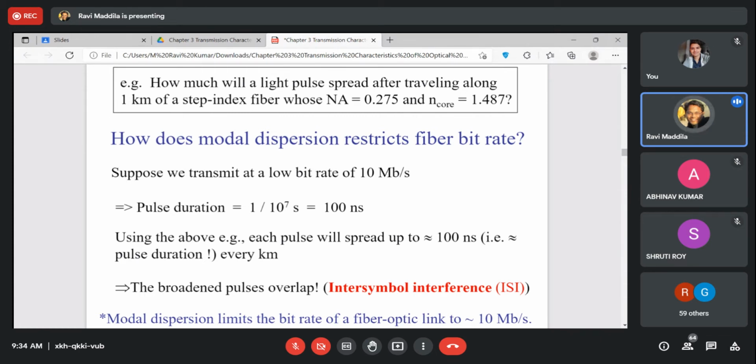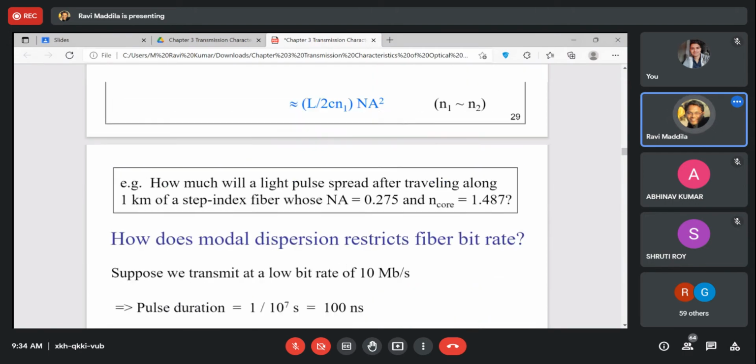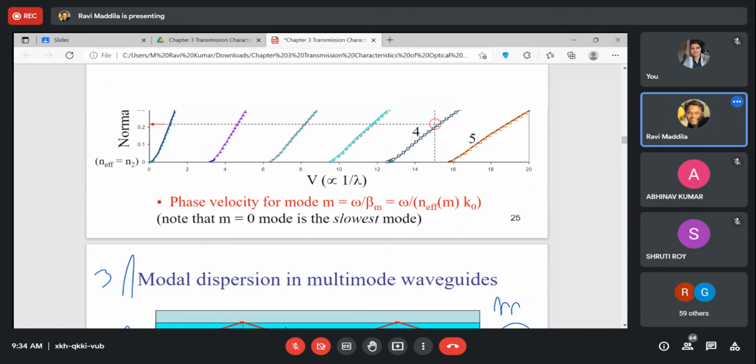So when this pulse of 100 nanoseconds is propagating along the fiber, broadening occurs because of dispersion, and this may also be because of intermodal dispersion. This can also cause intersymbol interference. Intersymbol interference refers to this previous case.